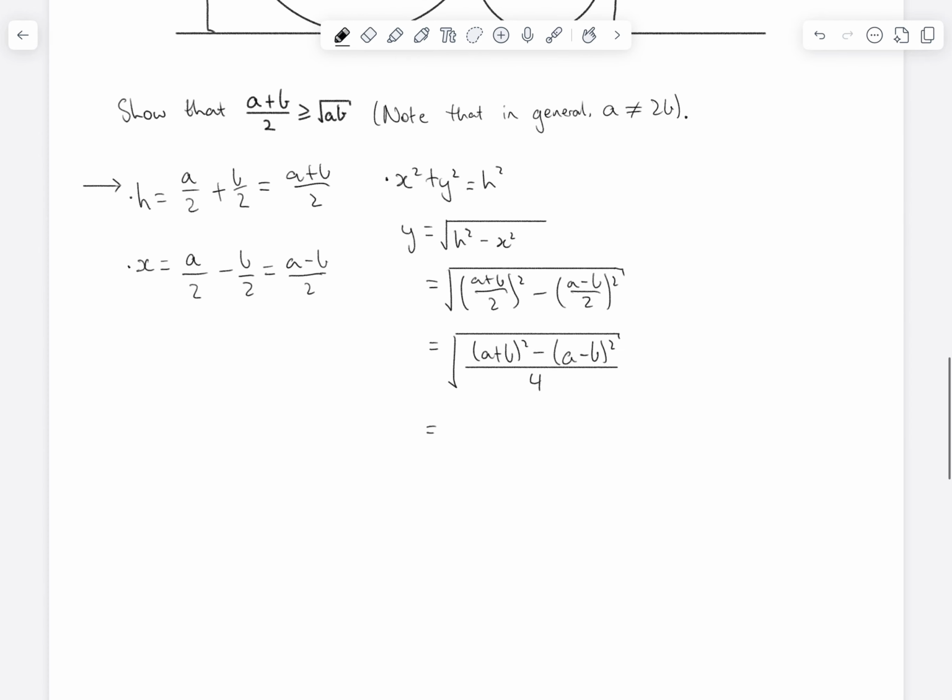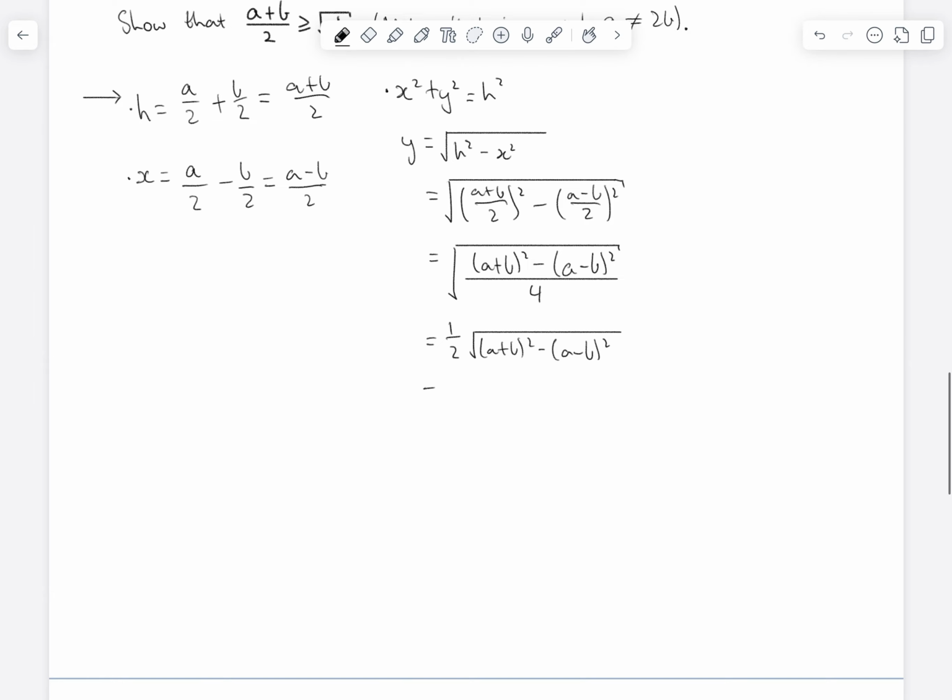Taking out the square root of 4 in the denominator, we get half the square root of a plus b squared minus a minus b squared. It's going to get a little boring, but let's expand this.